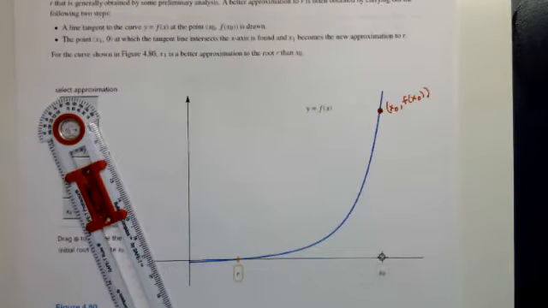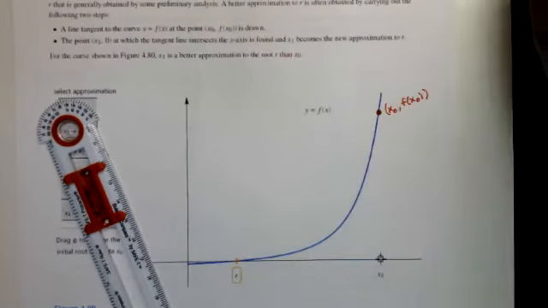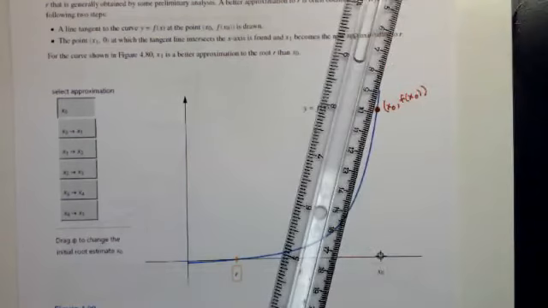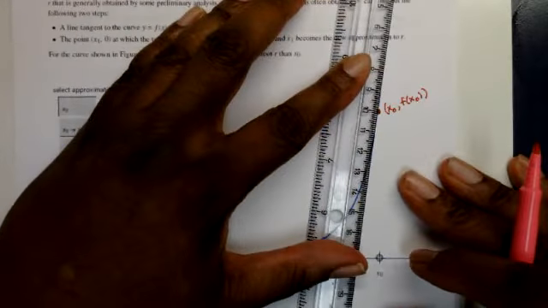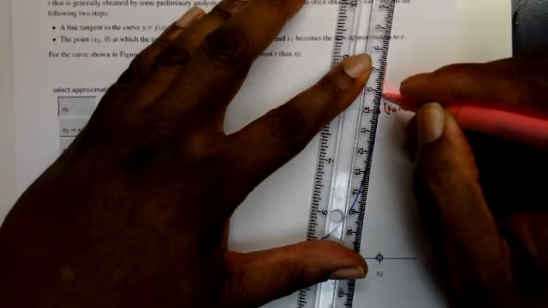Now let's say I want to draw a tangent line at this point. Of course, a tangent line is just a line that touches the graph at that point. So this would be my tangent line here.